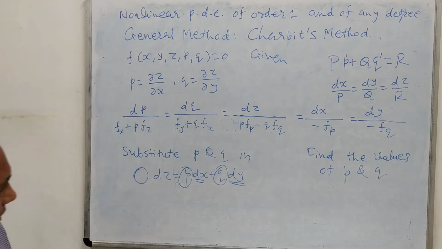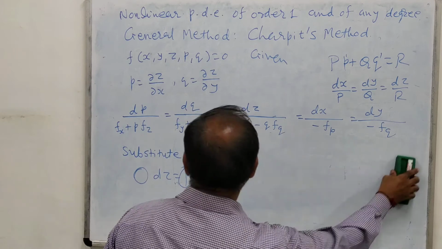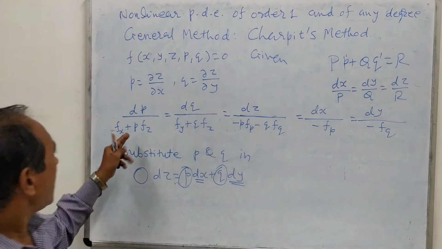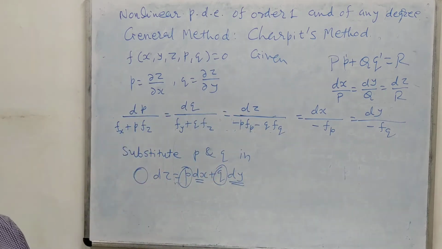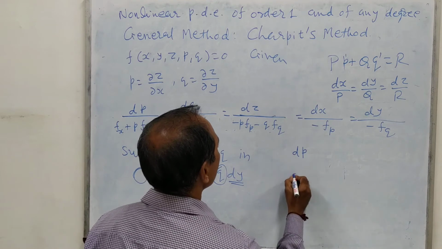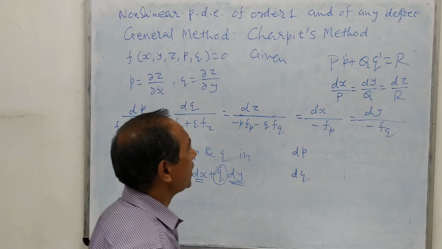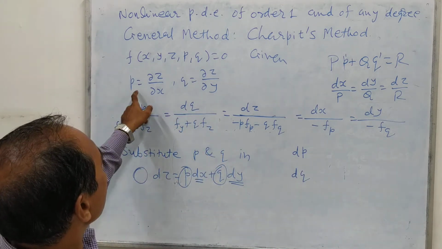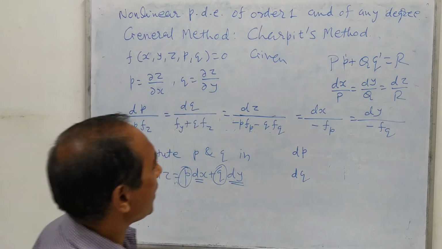So friends, the main question here is how will you remember this formula? First of all you write down dp, dq, and you know that p is related with x, q is related with y.